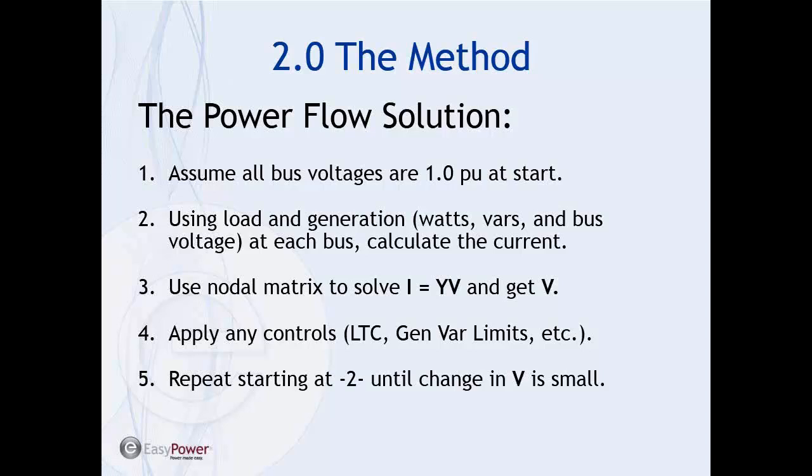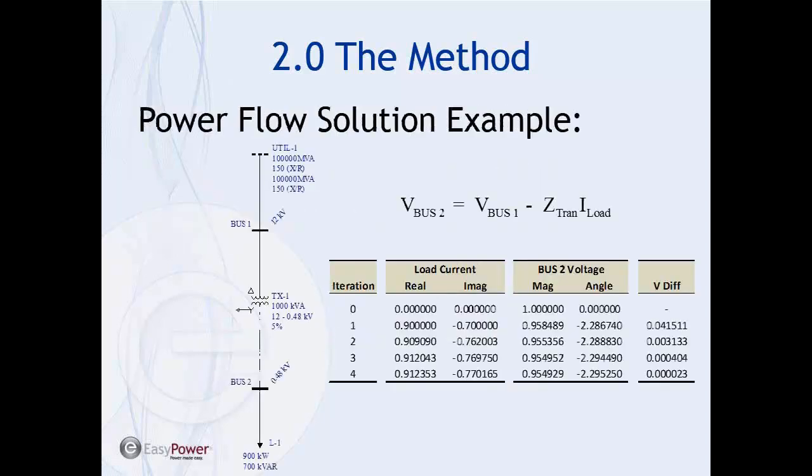So for example, if we had a simple case like this, the basic equation is the bus voltage at 2 is equal to the bus voltage at 1 minus the transformer impedance times the load current. And if we were to do this, we would see on each iteration how the bus voltage is dropping because we're iterating, we're getting closer to our solution, and we'll also see how the load current is changing.